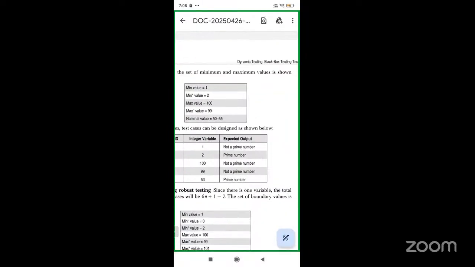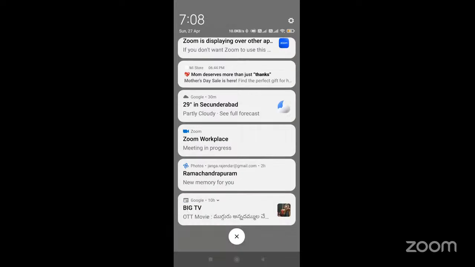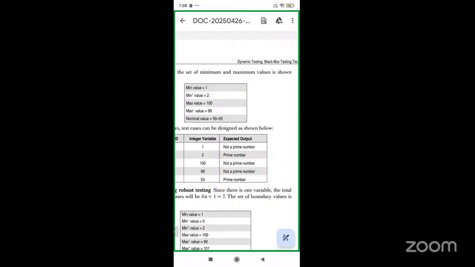Which number is said to be a prime number? The numbers which are greater than 1, sir.